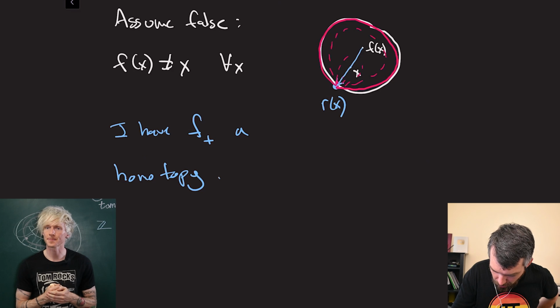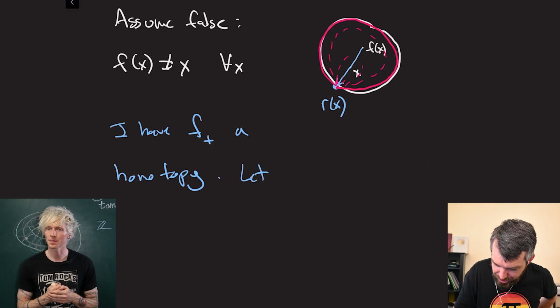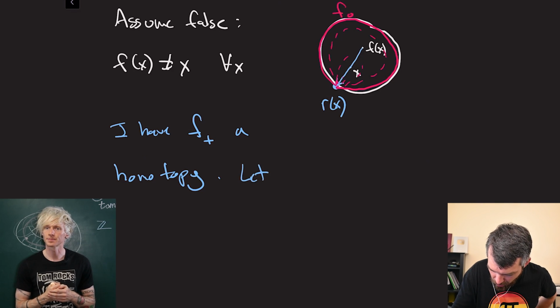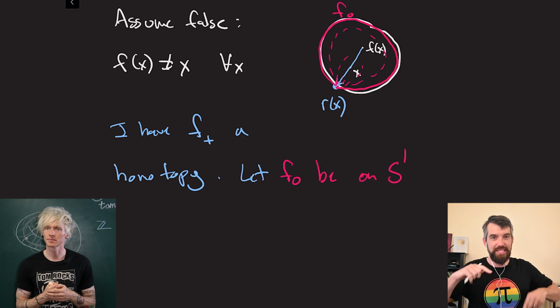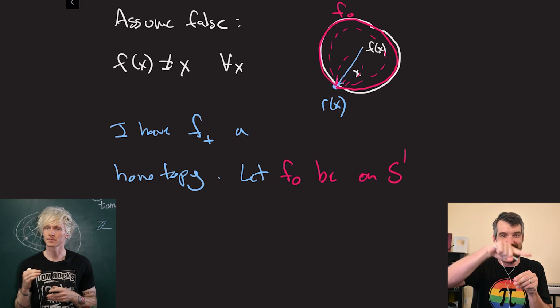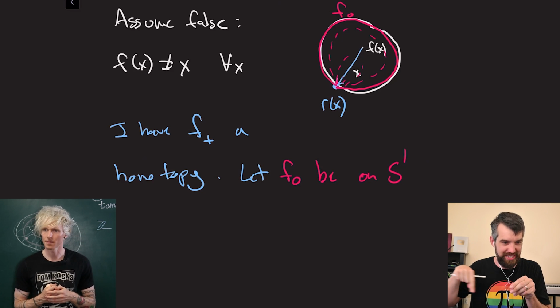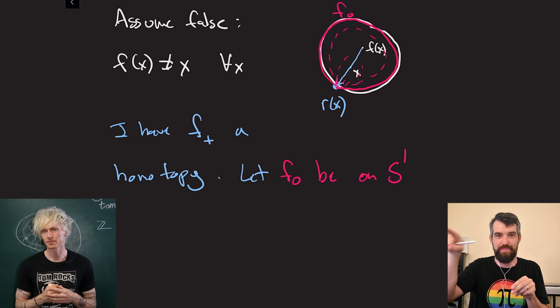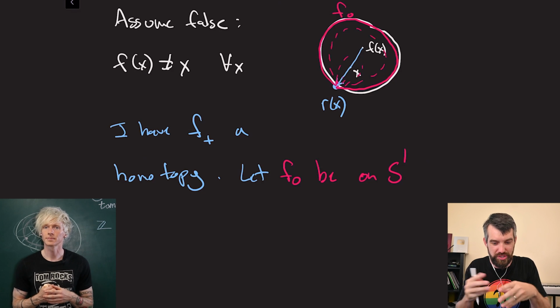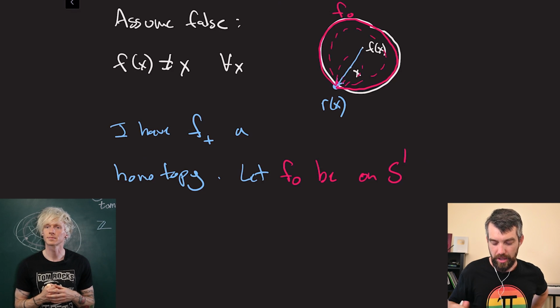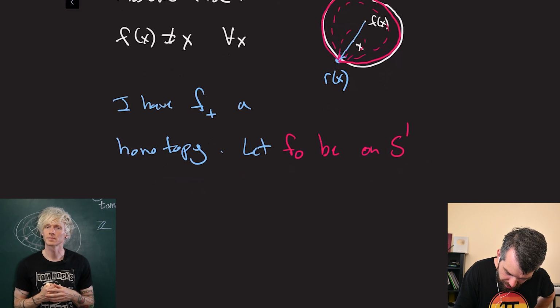So if I let, here I'll denote it in pink, I'll let f0 be on S1. In other words, this is the path that just goes around like it's a single loop around the outside edge, right? It's restraining itself to the boundary of the circle, but it has this homotopy that goes through the circle in some sense. Okay, so let's think about the following.